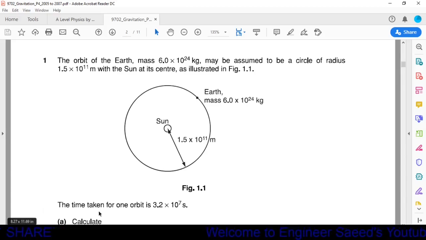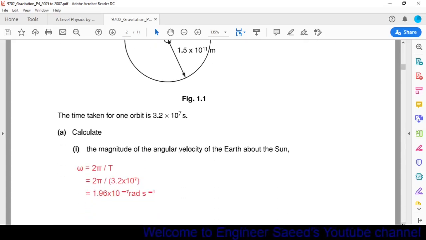Okay, the time taken for one orbit is 3.2 into 10 power 7 seconds. Time taken by Earth to complete one rotation around the Sun is 3.2 into 10 power 7 seconds. Calculate the magnitude of the angular velocity of the Earth about the Sun.